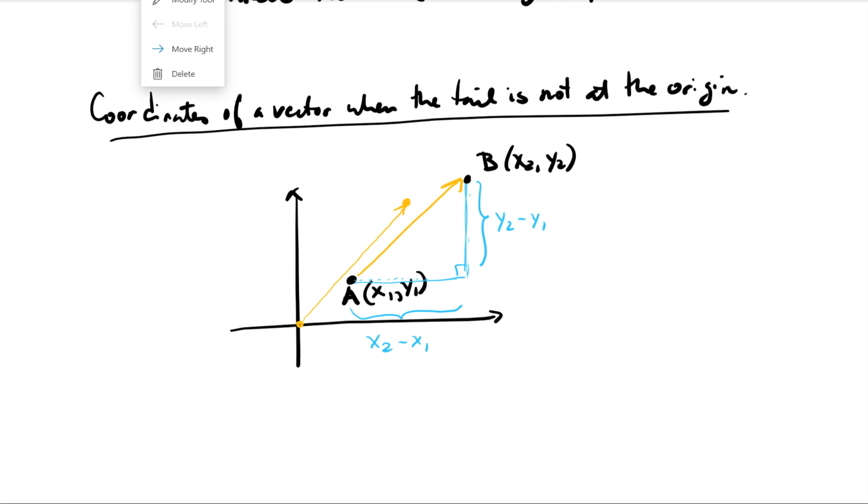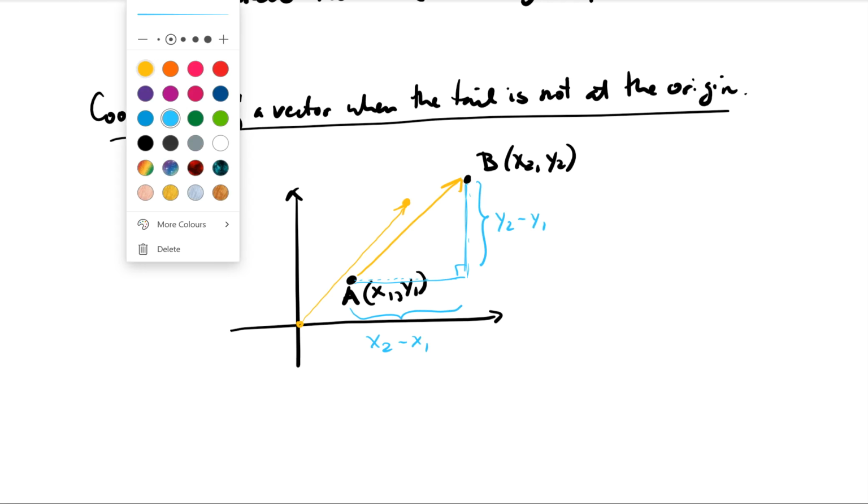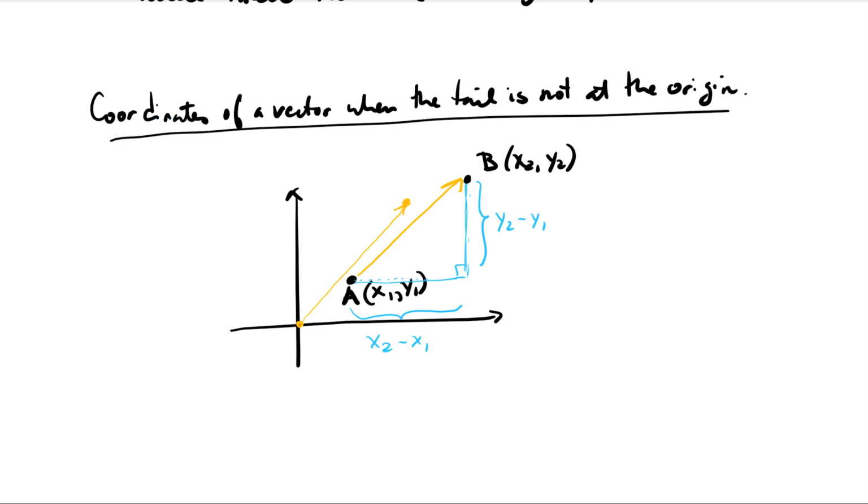So this will end up being the coordinates of our vector that starts at the origin. So the coordinates we're looking for are x2 minus x1, y2 minus y1.